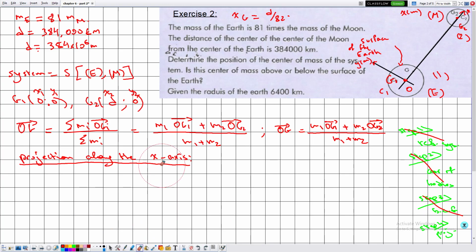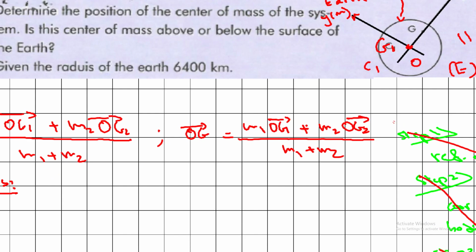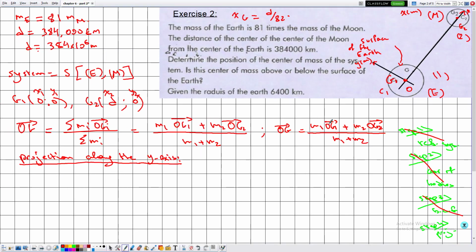Now we need to perform the projection along the y-axis. So in this case, we drop down the vectors and each quantity will carry the label y. Not each quantity, only vector quantities. Scalars are the same for both relations. Then in this case we have OGy is equal to M1 OG1y plus M2 OG2y divided by M1 plus M2.